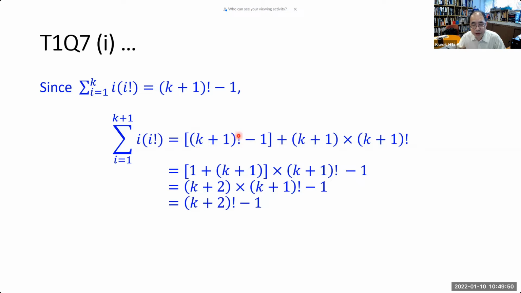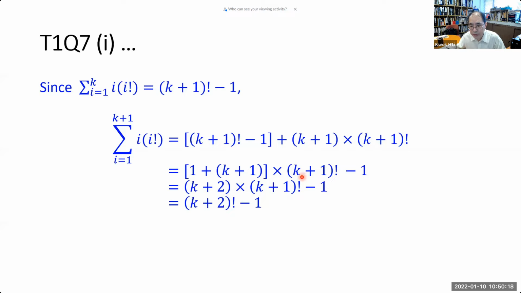For the first k terms, by the assumption, you have this expression, you replace it, you know that this is correct, and now you group them together. Then you see that when you add them together, it is k plus 2, and then k plus 1 factorial minus 1 here, because this one, you put it here.